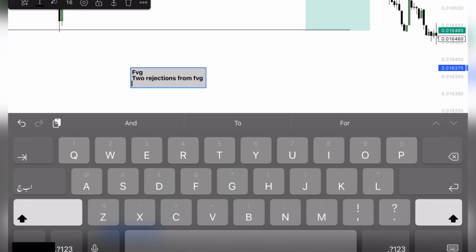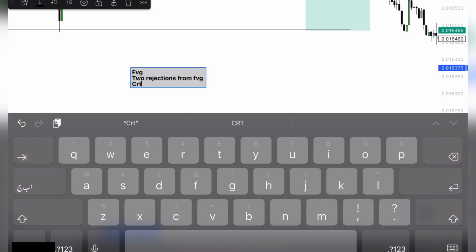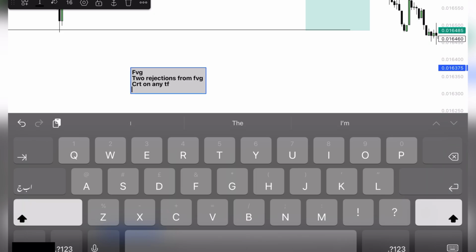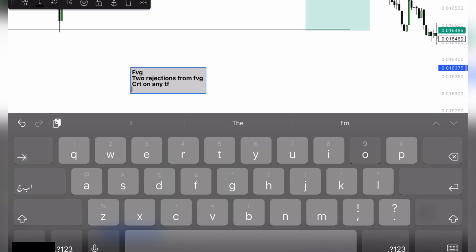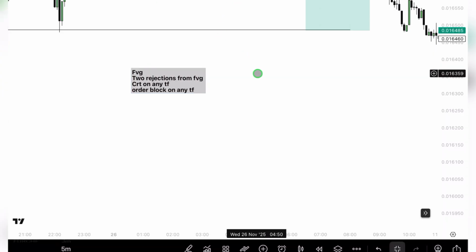Then what you have to look for is CRT on any time frame. Let me write TF, and then you have to look for an order block. I will call it order block on any time frame. So these are the things, okay?